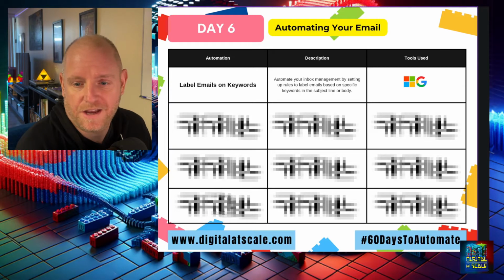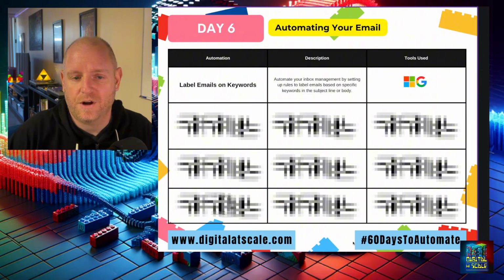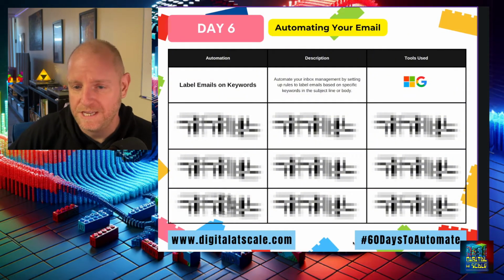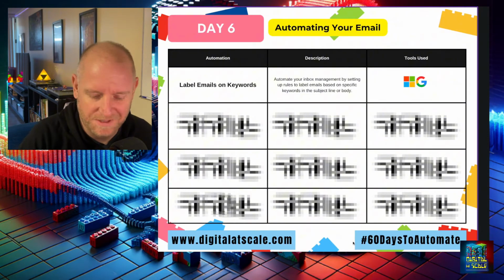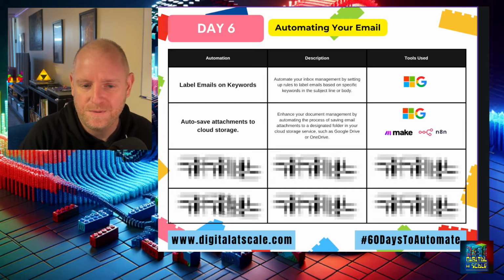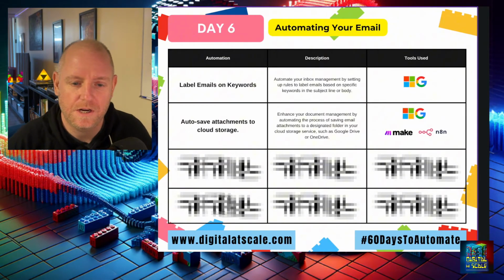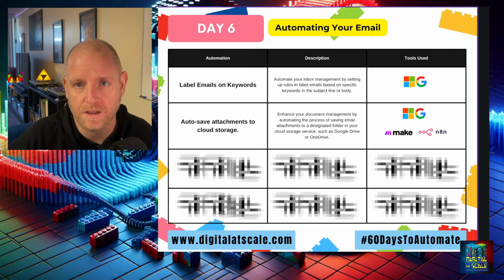All right, so now that we have our labels for the different keywords, we want to do something with it. What we're going to do is auto-save our attachments to our cloud storage.